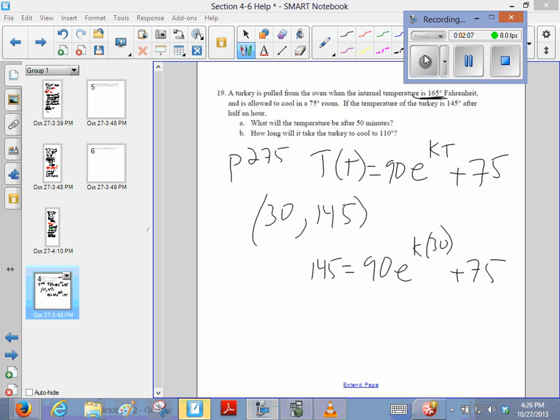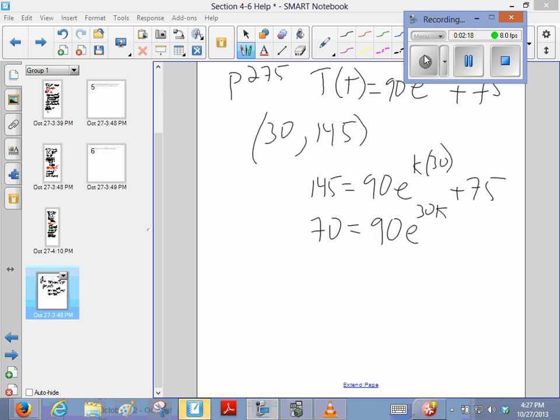What is that? 70 equals 90 e to the 30k. So I'm going to divide by 90. That gives me 7/9 equals e to the 30k.